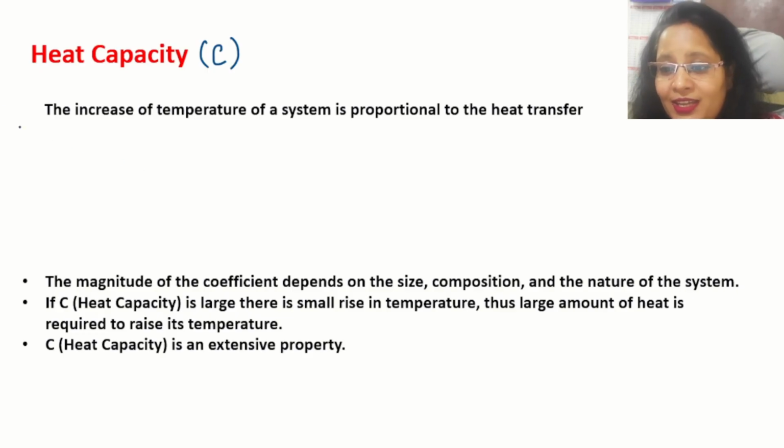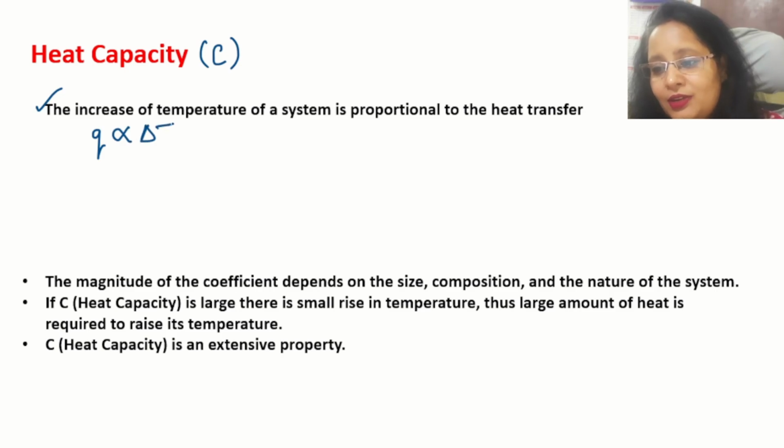So we can say the increase of temperature of a system is proportional to the heat transfer. We can write the heat transfer or heat absorbed is directly proportional to the rise in temperature, that is delta T. To remove this proportion sign, we have to add some coefficient.